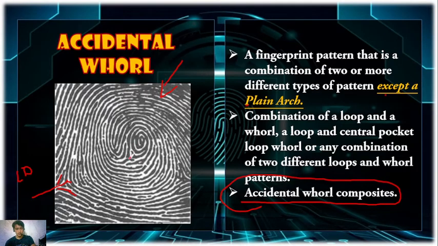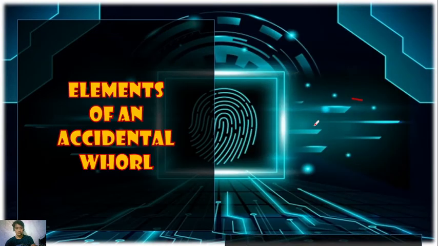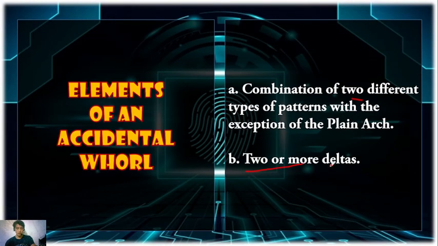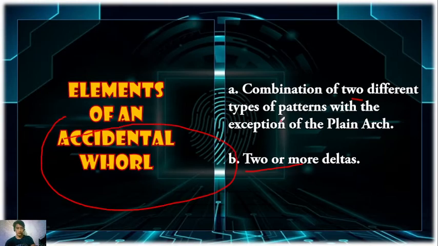So this could be the delta of this pattern. Okay, and then we can just label it as the middle delta, and then on the rightmost part we can see again another delta in here. Okay, so we have here the point of divergence. Okay, and we can say that the delta is in here, so with that, that is the right delta. Okay, so there are 3 deltas. Okay, kasi sabi dito sa elements, there are 2 or more possible deltas. Okay, so that is for accidental whirl.